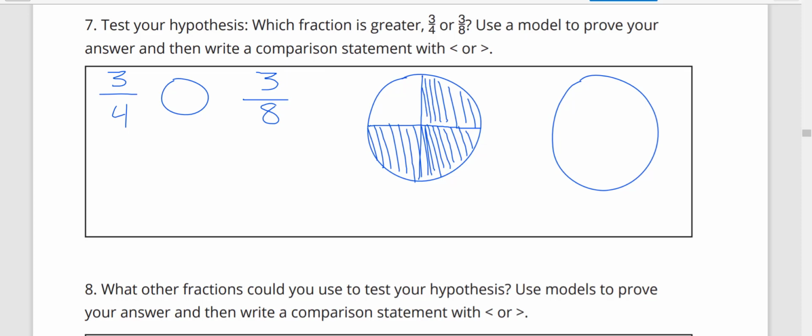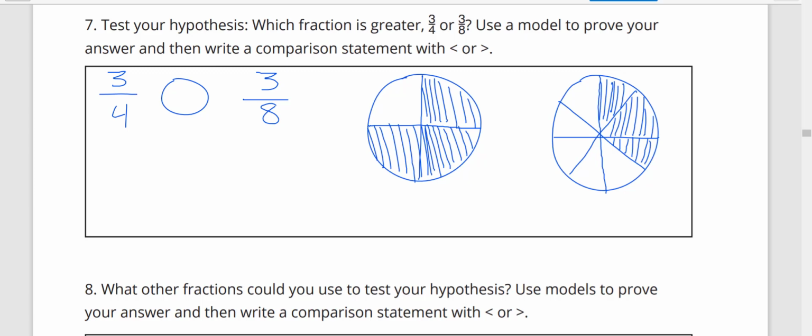Divide the second model into 8 equal parts like this and shade 3 parts.